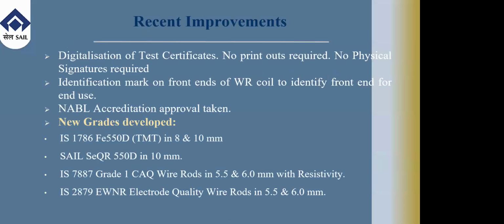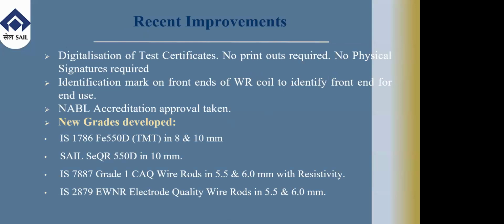Recently, we have done some improvements in our Varod mill and in our process also. Based on that, initially for test certificates, we have just recently started the digital signature. And based on the CMO's feedback that the customer should know which is the front end and the back end of the wire rod coils, a few months back we started putting paint marks on the front end for better identification.